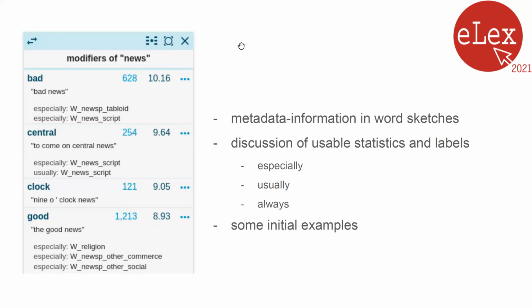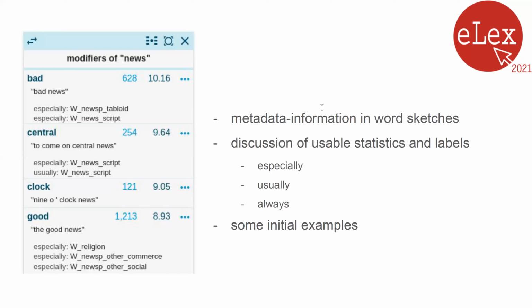So we are trying to identify which collocation is specific for a particular text type. This is of course relevant only if we have good metadata in the corpus. And I will not elaborate here on the mathematics. It's in the video and in the paper.